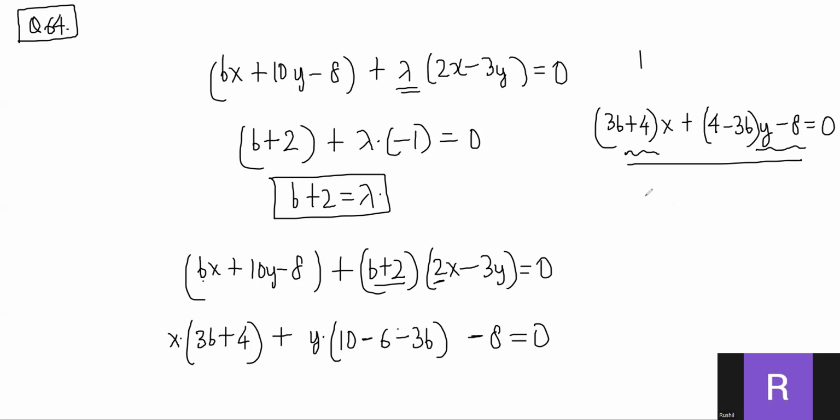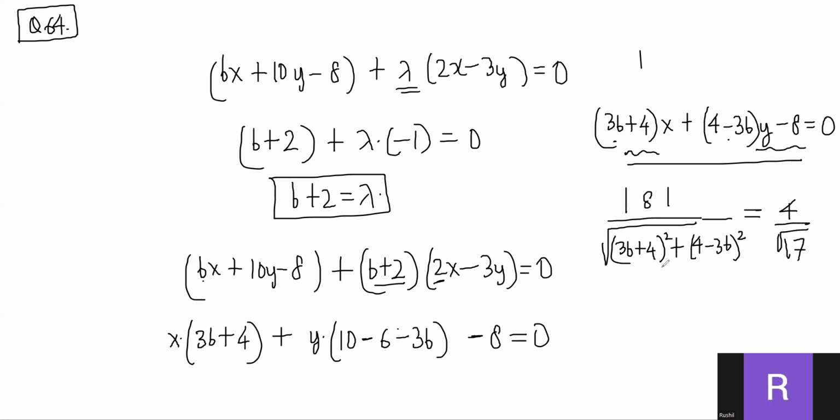You will get 8 mod by root over this square plus this square, (3b plus 4) whole square plus (4 minus 3b) whole square, will be equal to radius of the circle, which is 4 by root 17. And this thing inside is going to be sum of the squares. The middle term gets cancelled.